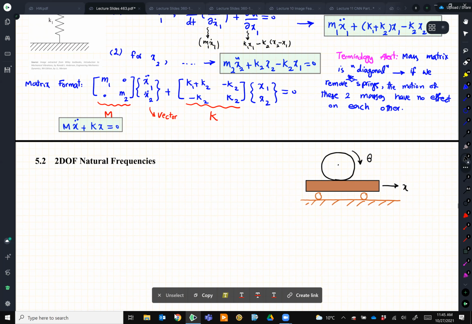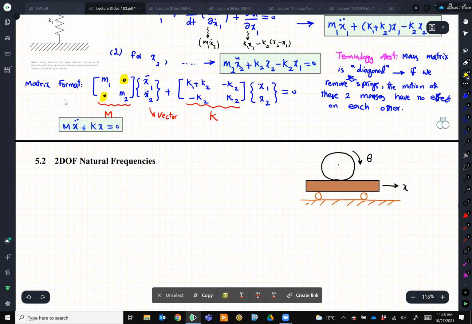Later, when we develop their mass matrix, maybe it will not be zero over here. I don't know yet, we will see later. But as a quick test, you remove the springs and check to see if these two have an effect on each other. If you get non-zero here, it means you made a mistake here.